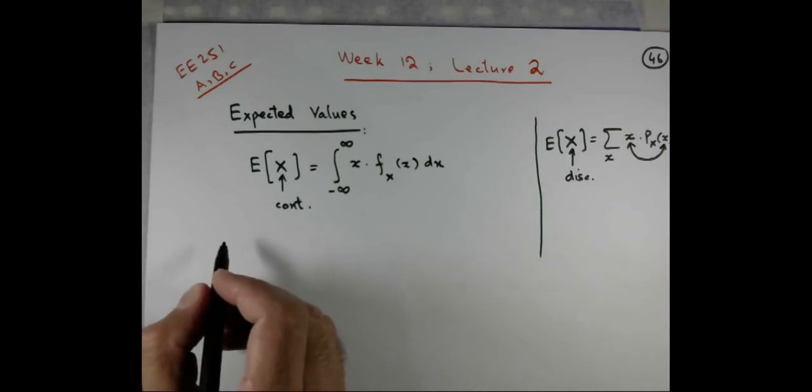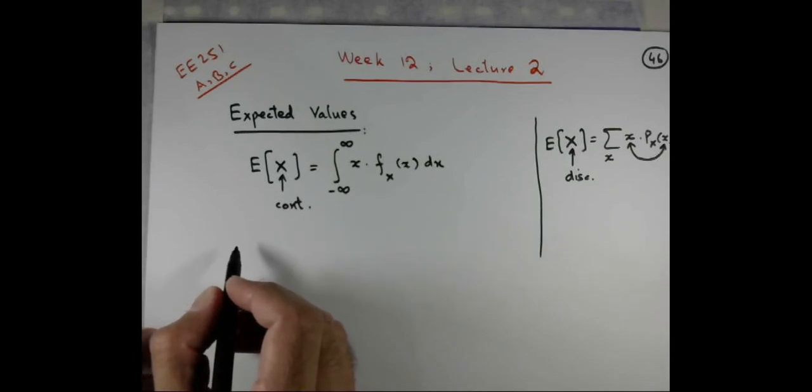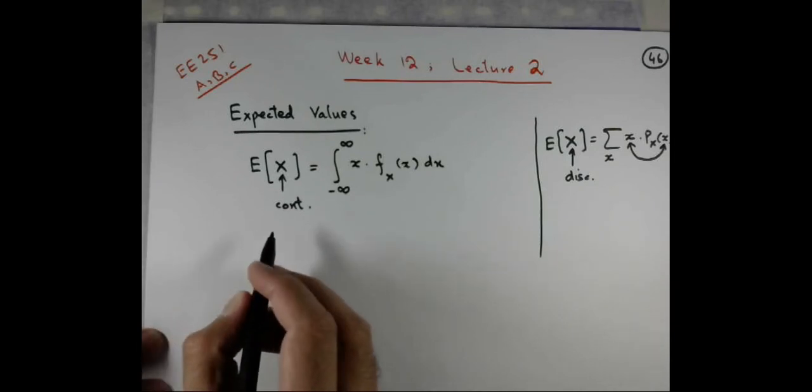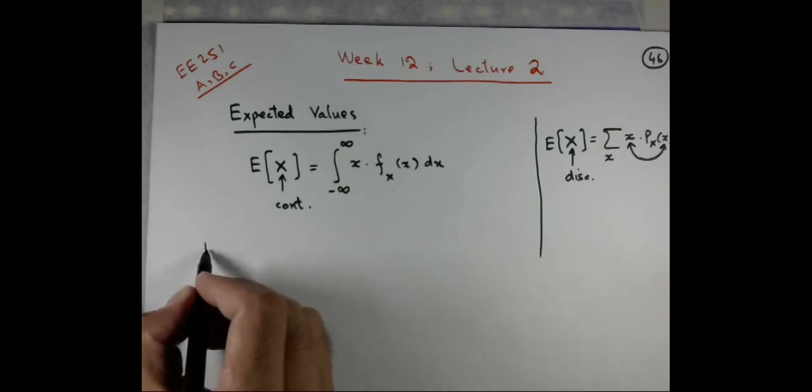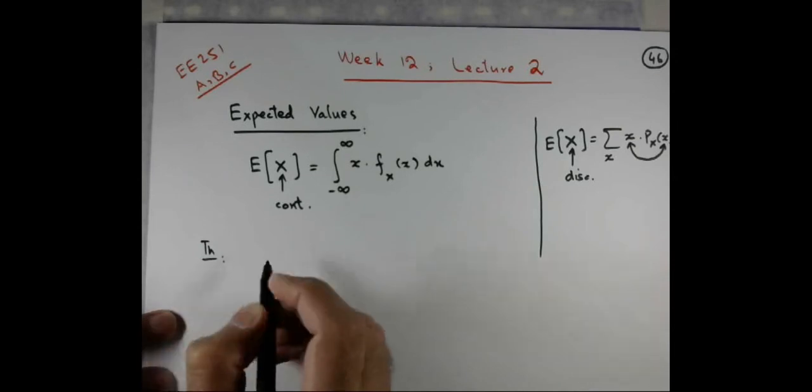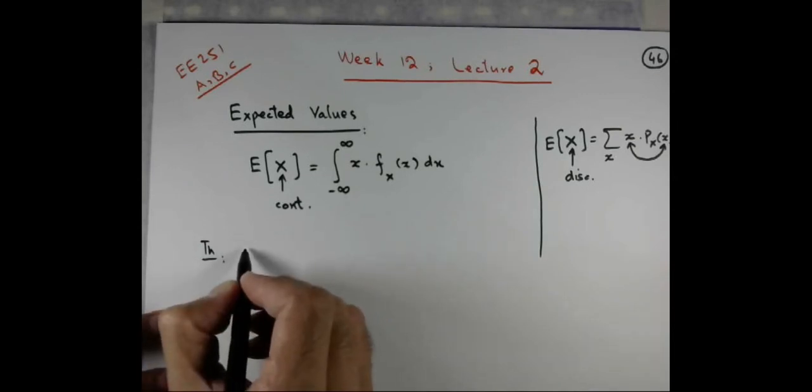And if we want to have the expectation of a function of a random variable, we can write it as given in the form of a theorem in your textbook.